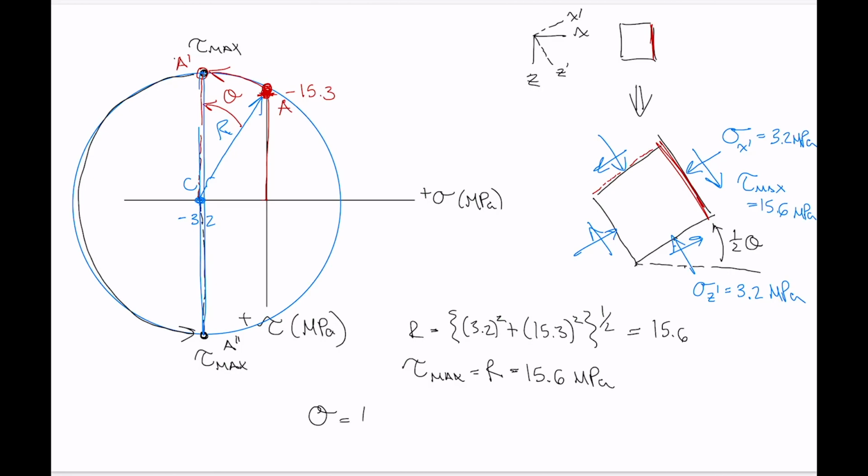That's just the inverse tangent of opposite, which is 3.2, over adjacent, which is 15.3, and that gives us 11.8 degrees. So 1/2 theta is 5.9 degrees.